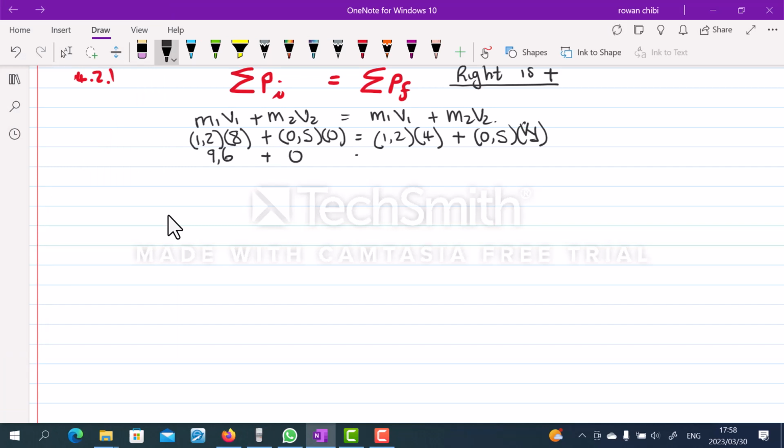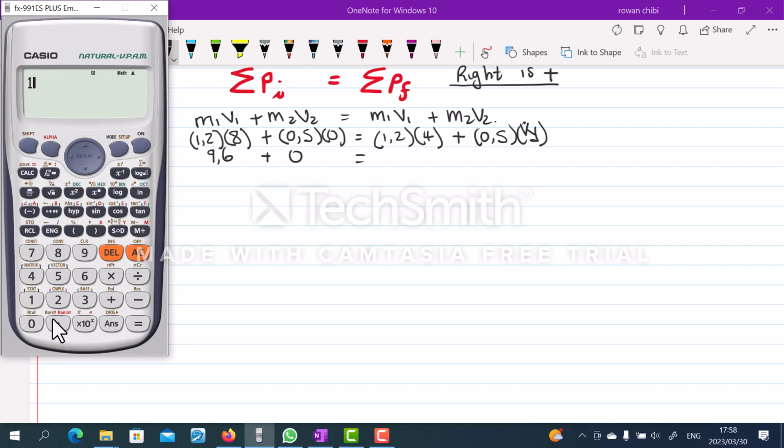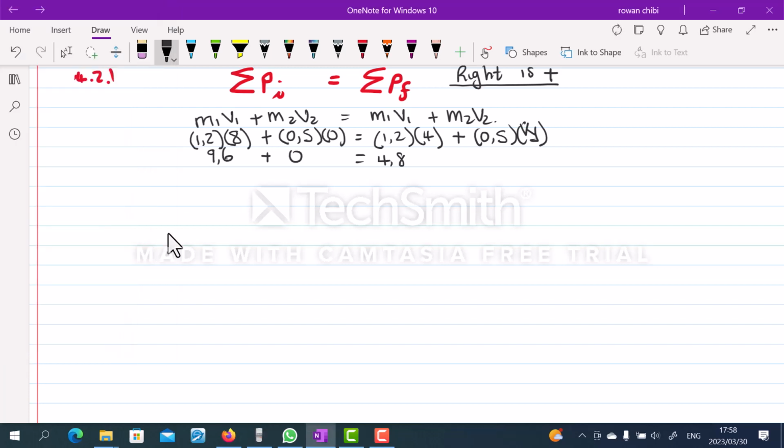Plus this one is 0. 1.2 times 4, that is 4.80. Plus that one is 0.5. So we want the V final for trolley Y, so we take this one to the other side. Okay, V final for trolley Y is 0.5 times... so we have 9.6 minus 4.8.